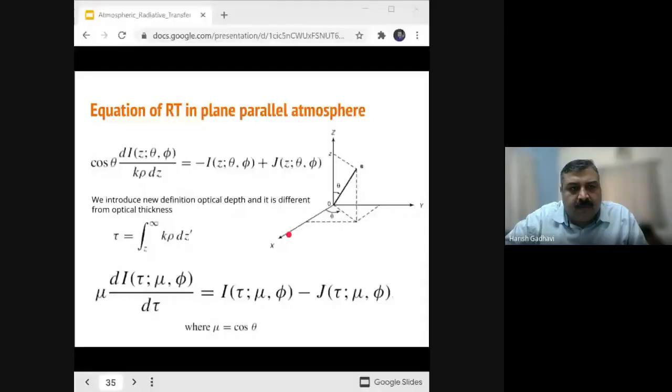You can't see our screen. Okay, let me reconnect the screen. Can you see it now?